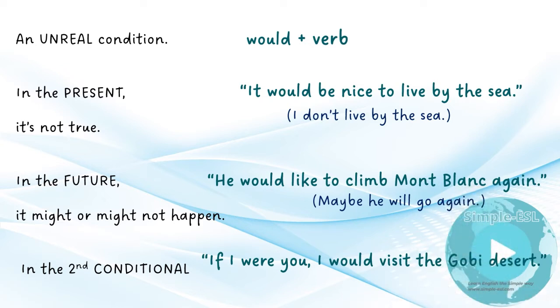So if I were you, I would visit the Gobi Desert. Now I'm not you, but if I were you, I would do this. So when you're talking about your survival situations, if I were you, I would look for water. I'm not you, but if I were, that's what I would do.